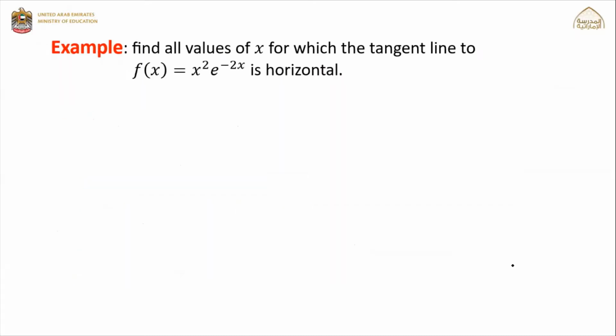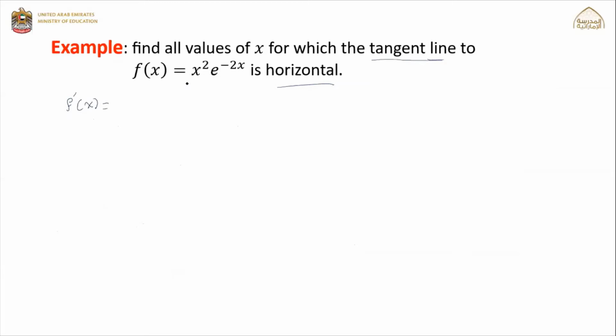The tangent line to f of x equal x squared times e to the power minus 2x is horizontal. So I need the value of x that makes the tangent line horizontal. I will start from f prime of x.